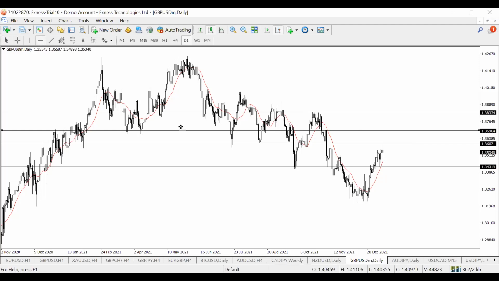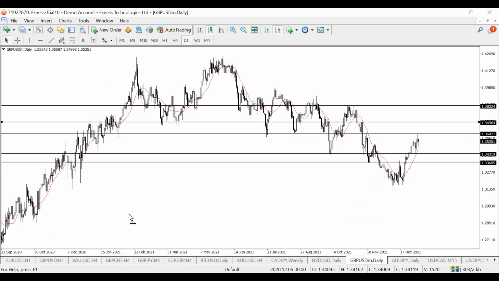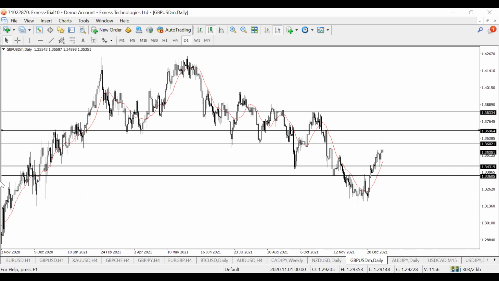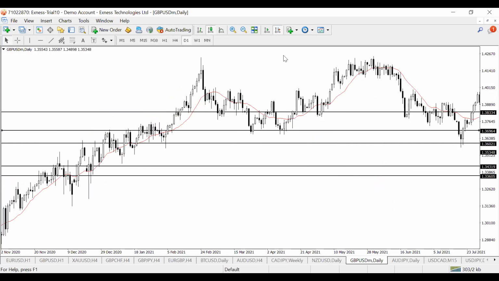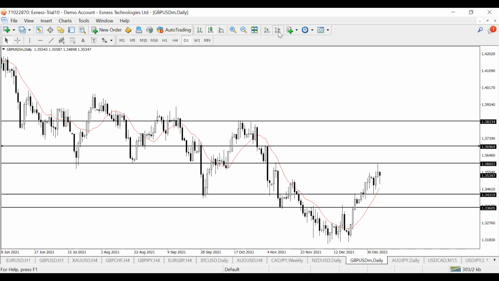With your knowledge of support and resistance and candlesticks, you can start trading and be seeing massive results from your trading. Can you see it now? Let me zoom in. Does it make any sense now?